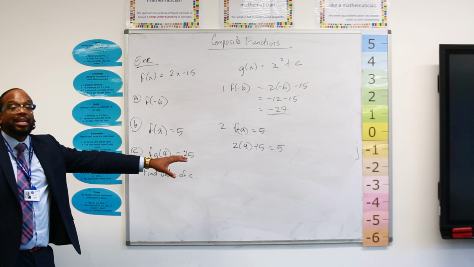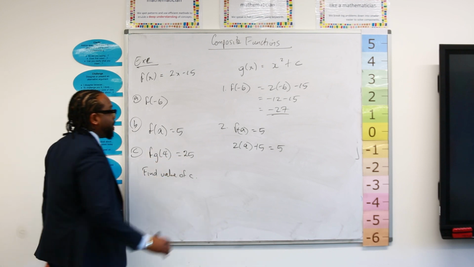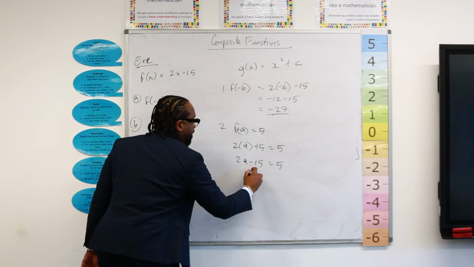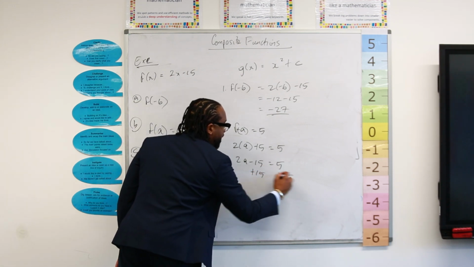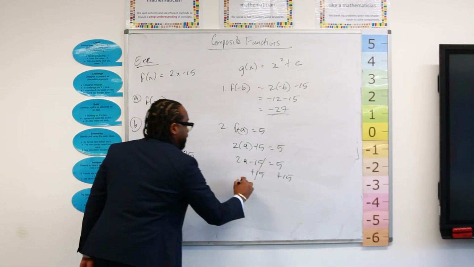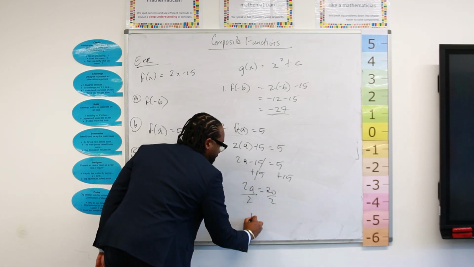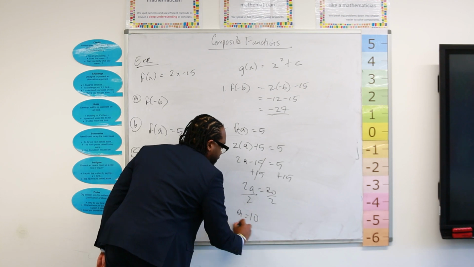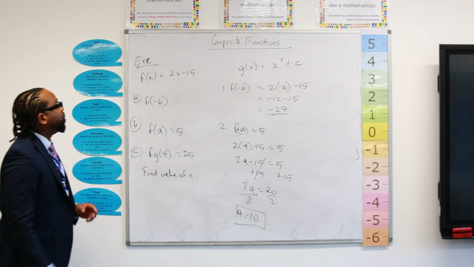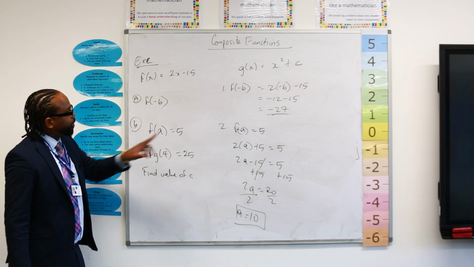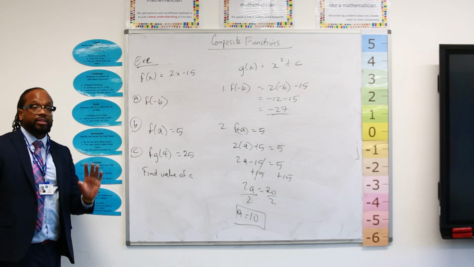Now I'm back to basic linear equations. So my next step is 2a minus 15 is equal to 5. I'm going to add 15 to both sides. That cancels. So 2a is equal to 20. I divide both sides by 2, and a works out to be 10. So if I substitute 10 into the space, it will produce an output of 5.